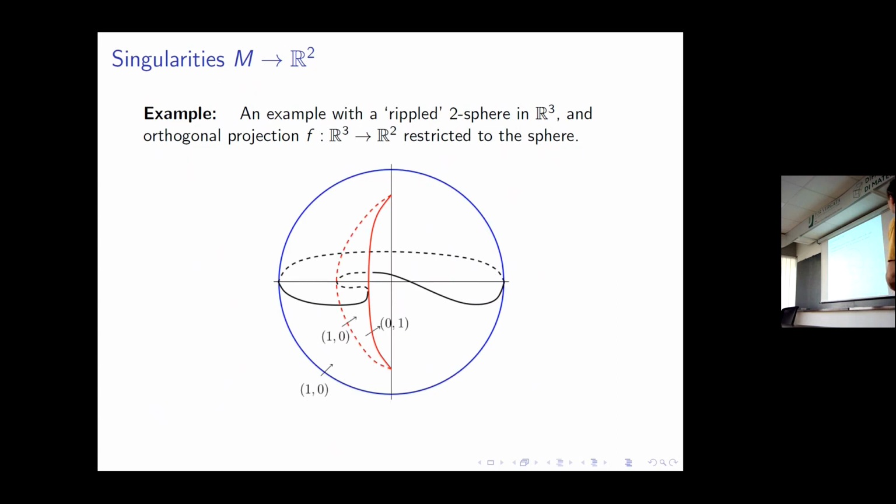Yeah, so here's a rippled 2-sphere in R3. Just take a soccer ball, football, sorry, and then you deflate it a little bit and kind of punch it so it folds over, and that's the picture, and then we're projecting into the plane. The black has nothing to do with the fold singularities.